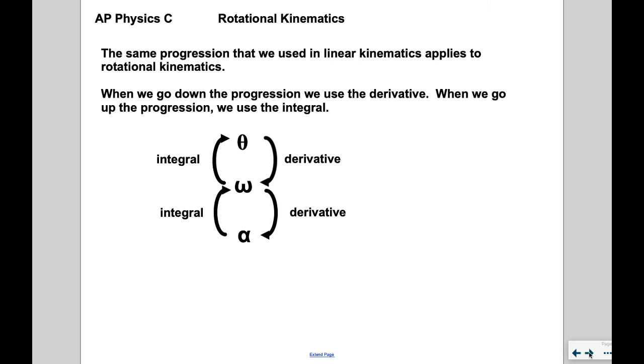Okay? So in the event that we do not have constant angular acceleration, the same progression applies to rotational kinematics that applied in linear kinematics. When we go down this progression from angular position to angular velocity to angular acceleration, as we go down the progression, we use the derivative.